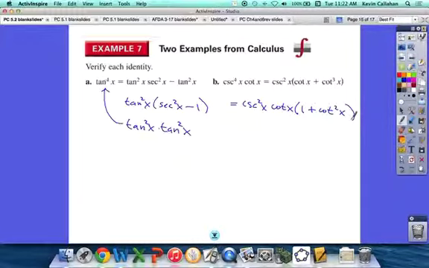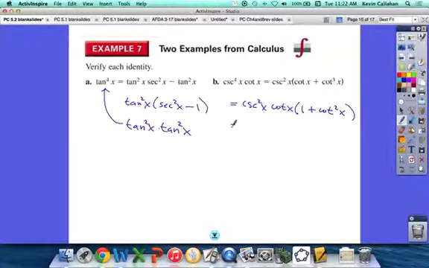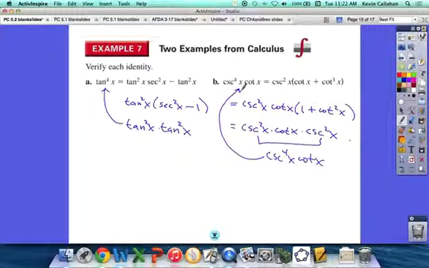And then what is 1 plus cotangent squared? Cosecant squared. So this is cosecant squared x times cotangent of x times cosecant squared x. And then these are cosecant to the 4th x. Done.